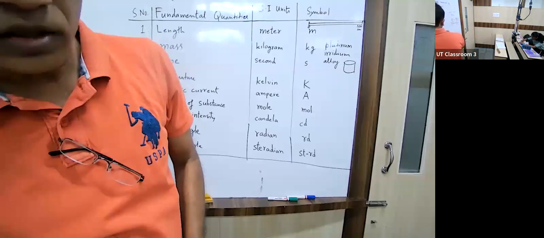Again, the unit will be the same, meter per second. See, why do we have to define another quantity, average speed?